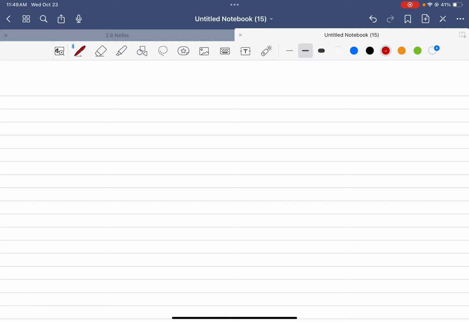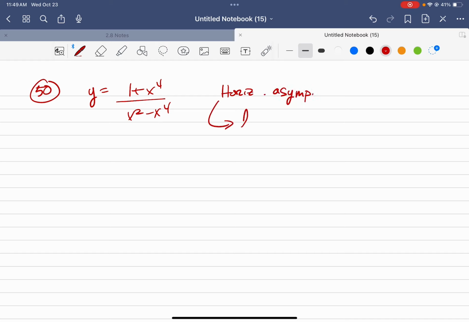Second verse, same as the first. My function is (1 plus x to the fourth) over (x squared minus x to the fourth). For a horizontal asymptote, we're looking for what happens in the long run. So we take the limit as x goes out to infinity of this.